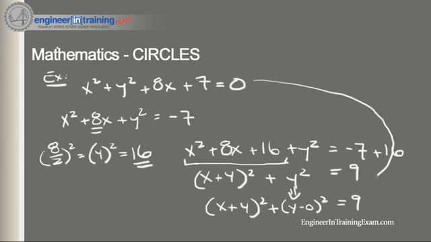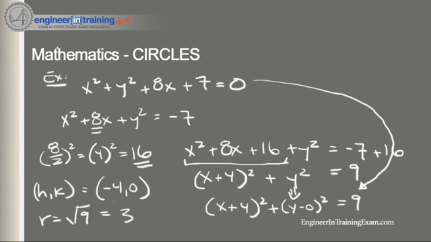Now we have it in the standard form of a circle, and we can quickly determine what h, k is, and we can also determine what the radius is. So looking at this, we know that h, k, the center of the circle, is going to be located at -4, 0, and that the radius of the circle is the square root of 9, which is equal to 3. So the answer to this problem is, if we're given an equation and asked to determine the center as well as the radius, we can just simply put it into the standard form, pick out the necessary information, and answer the question.